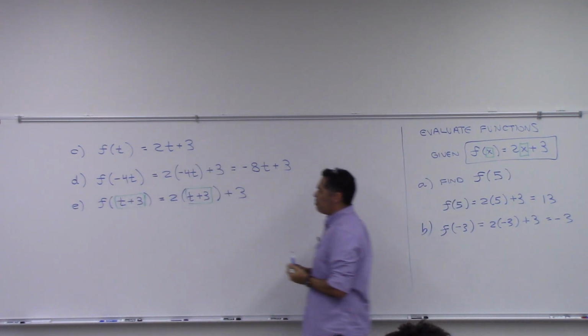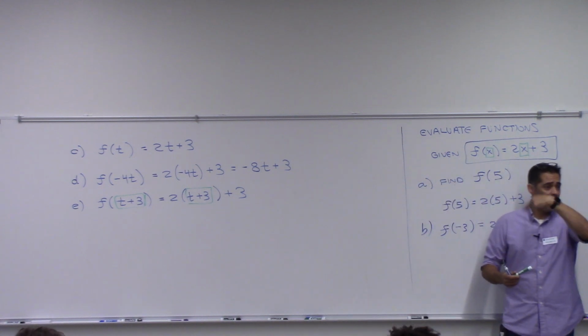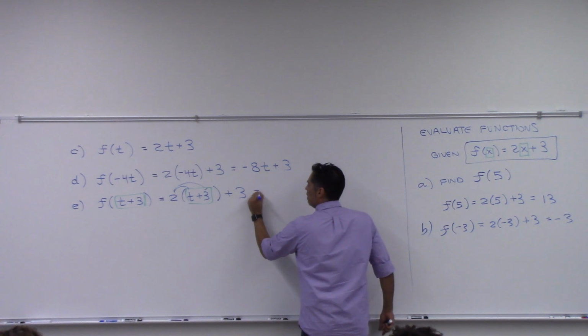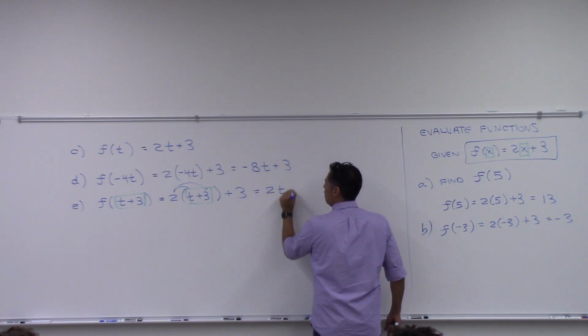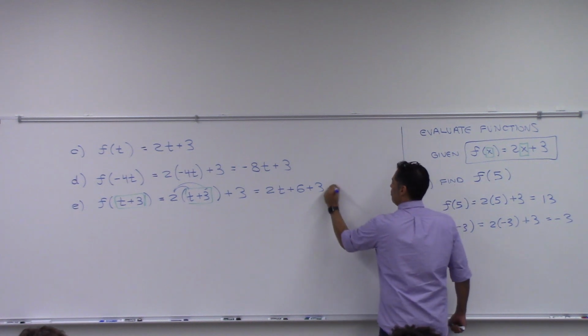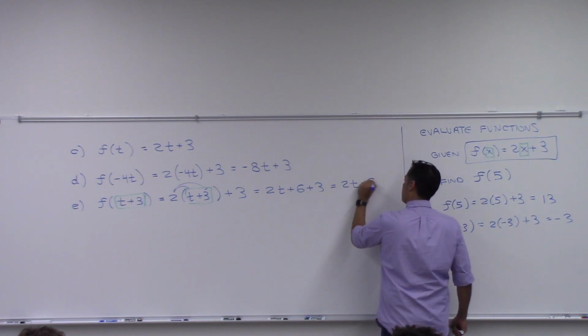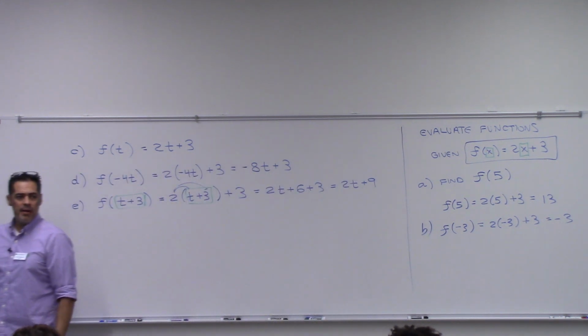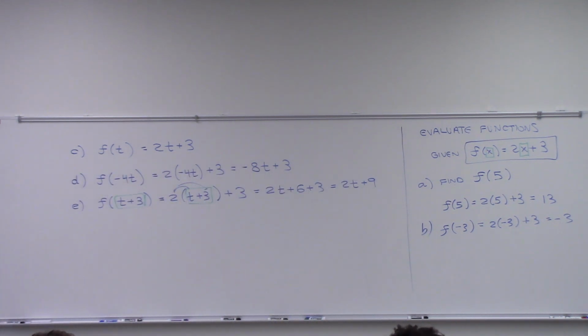And that means you have to distribute that 2 through that parentheses now. You get 2t plus 6, and then you still had plus 3. So 2t plus 9. Yay or nay? Yay? No questions, you sure?